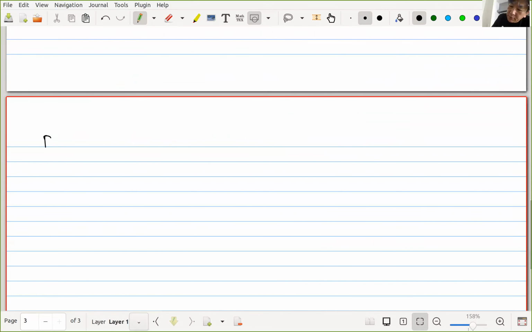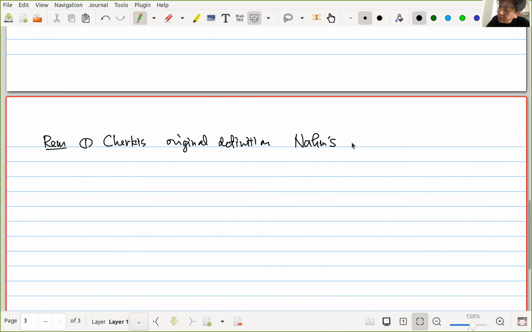So I give some remarks. The first is that this variety was introduced by Cherkis, but his original definition involves Nahm's equation. This is a certain ordinary differential equation, which is a dimension reduction of the instanton equation. So this is some nonlinear ODE.